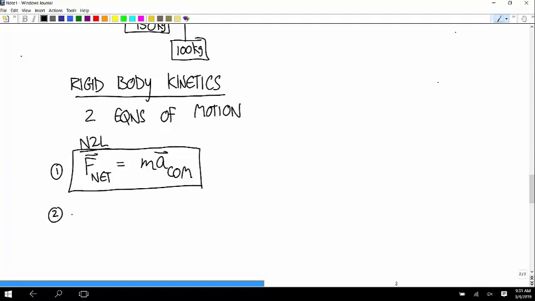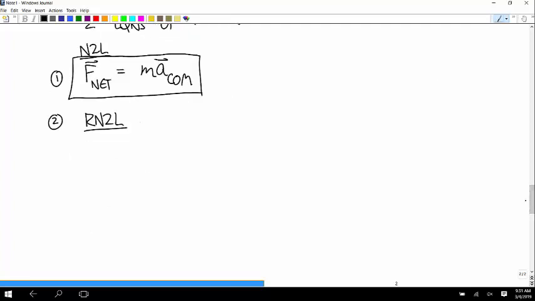And then the second one is the rotational version of Newton's second law, the moment equation. And that says that the net moment about some point A is equal to the mass moment of inertia about A times the angular acceleration of the body.